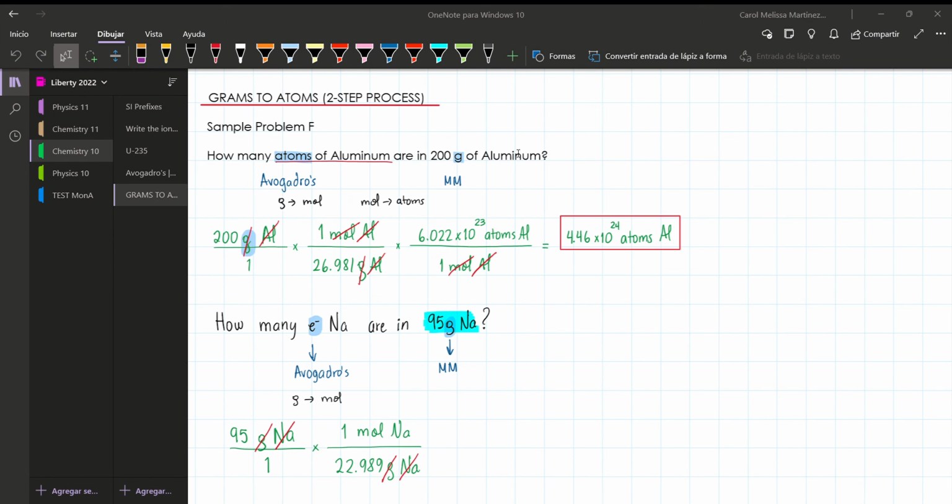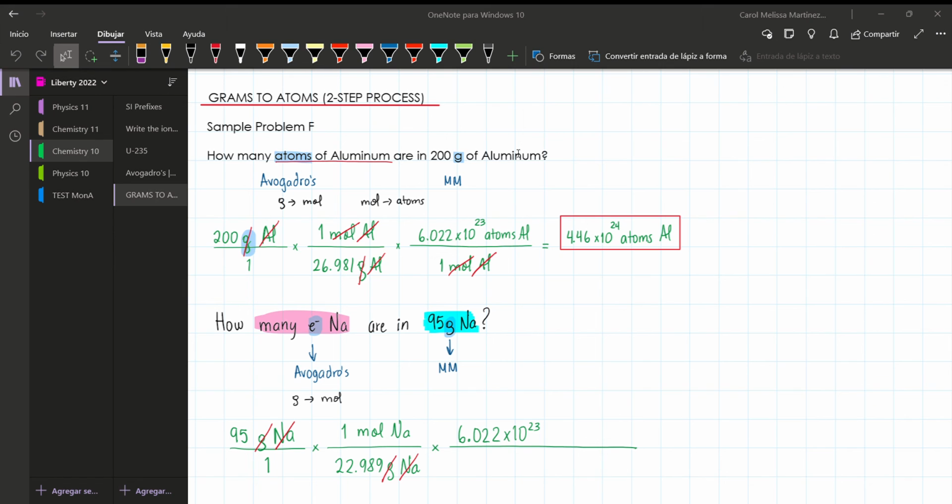What comes after? I need to find how many electrons. They're asking me for electrons. I need to use Avogadro's number. In what part am I going to write Avogadro's, up or down? Up. The number comes up. 6.022 times 10 to the 23.